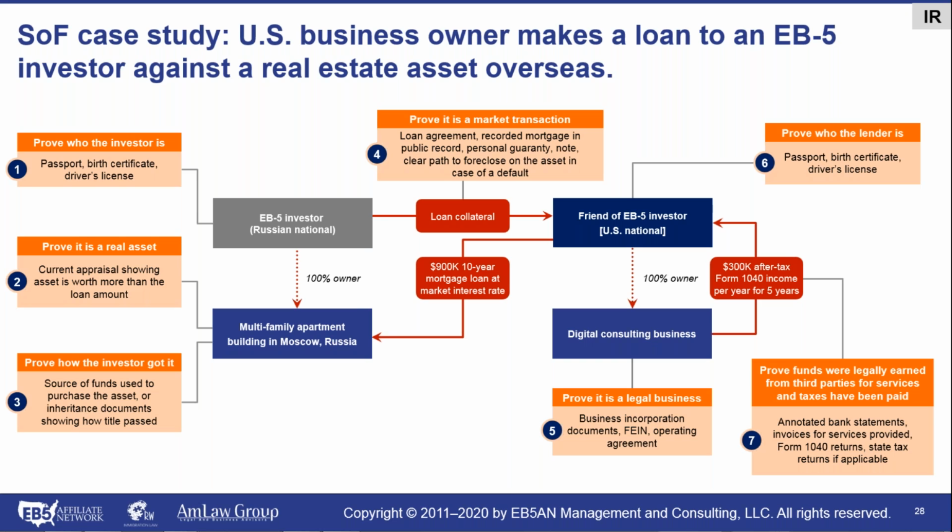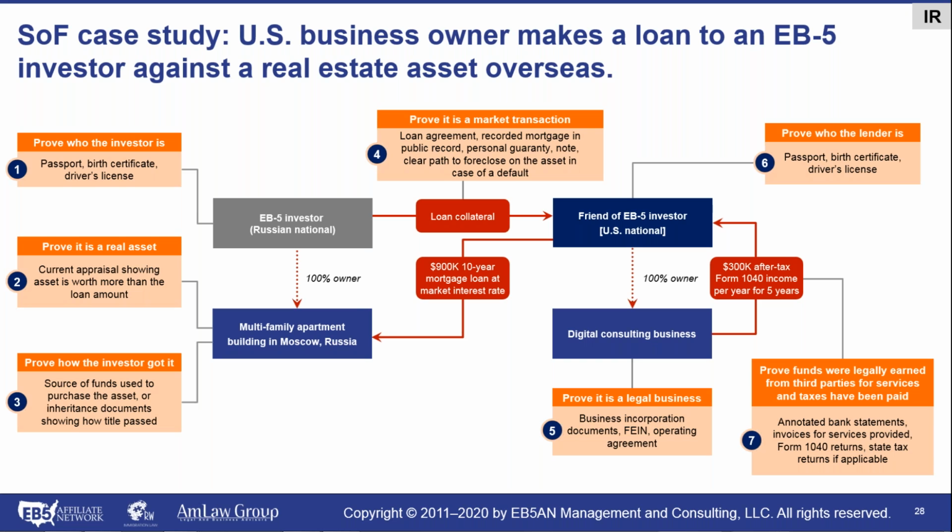Absolutely, for the US lender, we want to show their source of funds, where they're coming from, because it's a private entity and not a bank, we need to show that this is lawful. One thing that USCIS will absolutely ask for is to see payments.